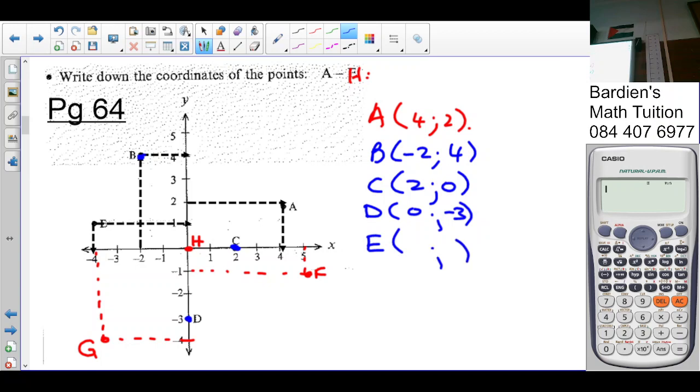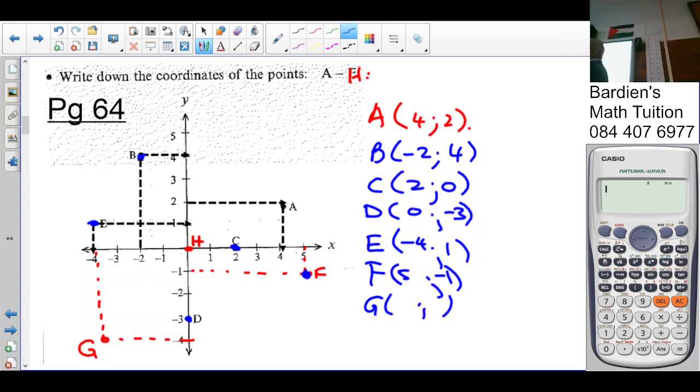E. Where's E? Wait. Here's E. Negative 4 and 1. You all got that? F. Where's F? Let us find F. 5 and negative 1. E, F, G. What's your answer to G?